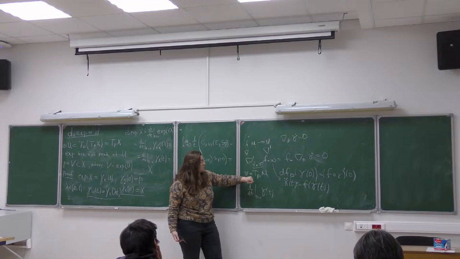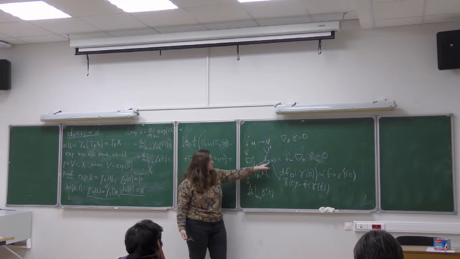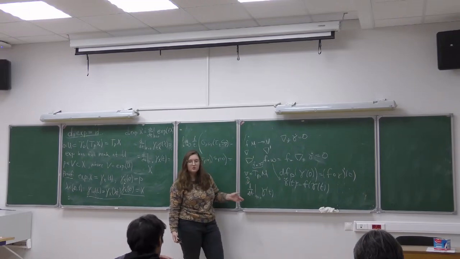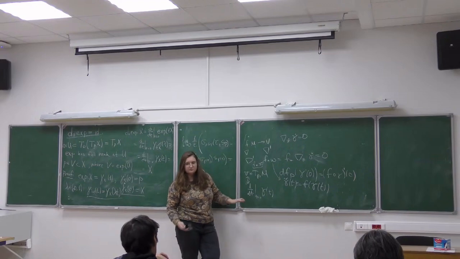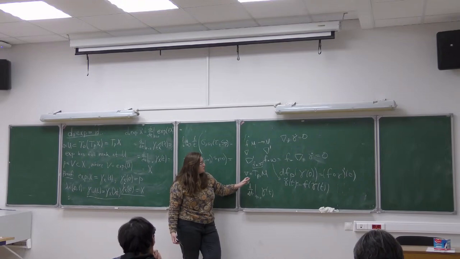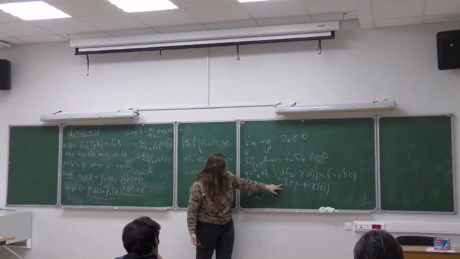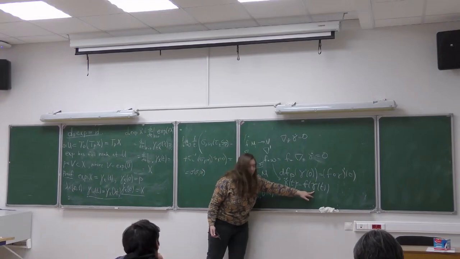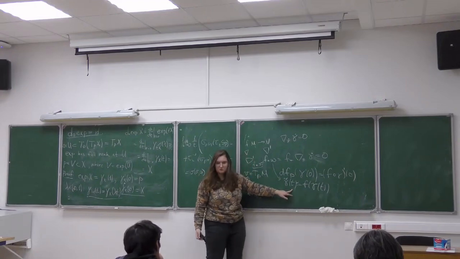So you have F star of gamma prime, which is the same as DF of gamma prime, which is F composed with gamma prime. Therefore, this new curve gamma tilde, the image of the curve gamma, is also geodesic.